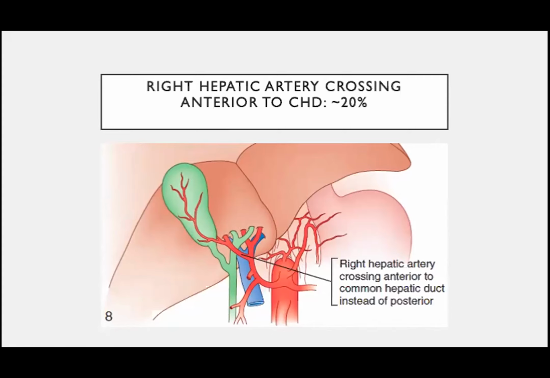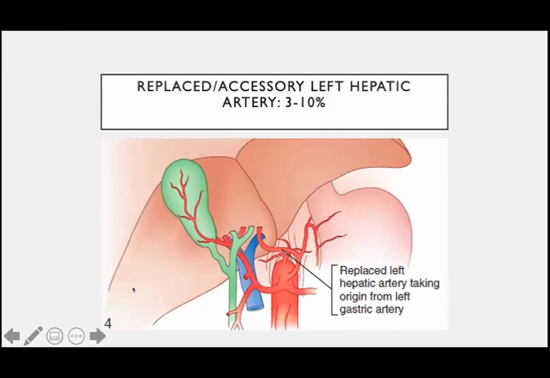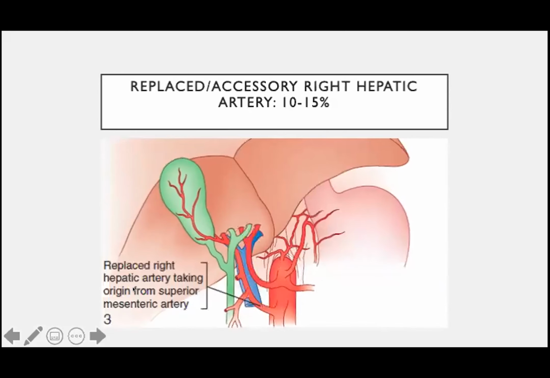Sorry to interrupt. Can you go back to the replaced right for a second? Which one? Replaced right. Yeah. I think this question came up every year when I took the exam. They're never going to ask you directly where it's originating from. They will give you an example of you dissecting along the hepatoduodenal ligament, and then there is a pulsating structure lateral to the bile duct.